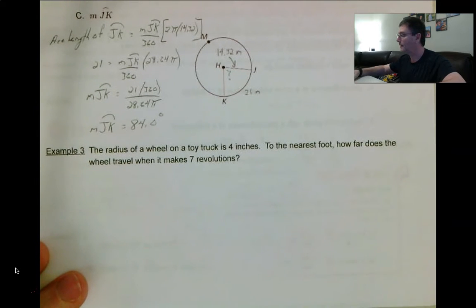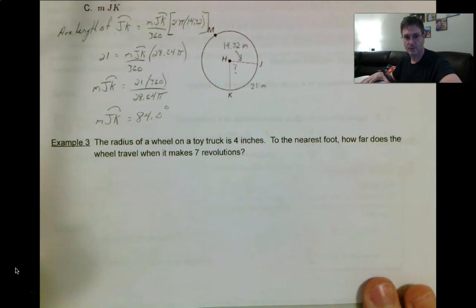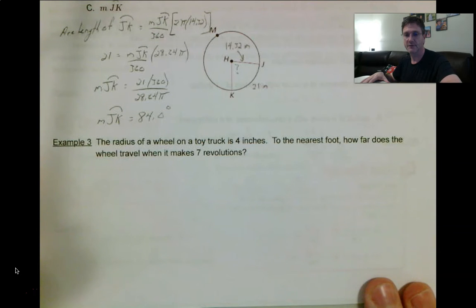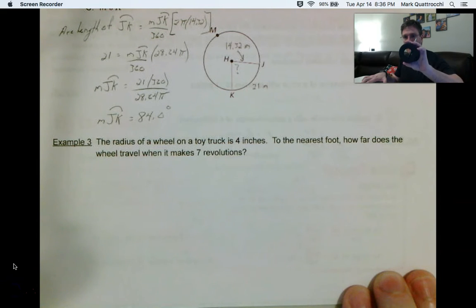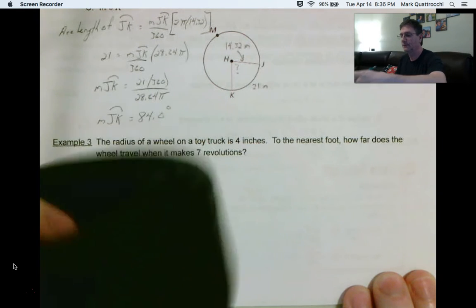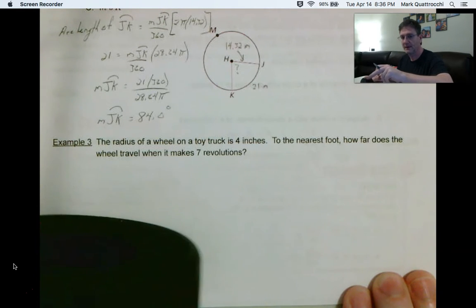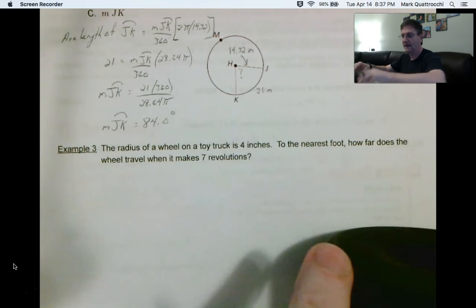Example 3. The radius of a wheel of a toy truck is 4 inches. To the nearest foot, how far does the wheel travel when it makes 7 revolutions? To that, let's take a look at a circle making 1 revolution. Okay, so here's our circle. If that circle makes 1 revolution, how far has it traveled?